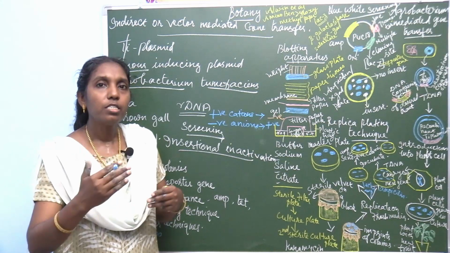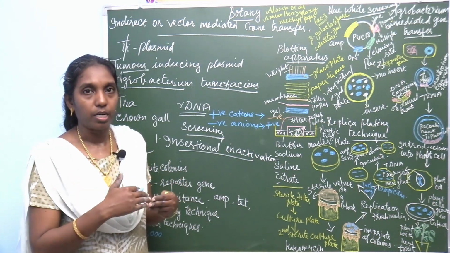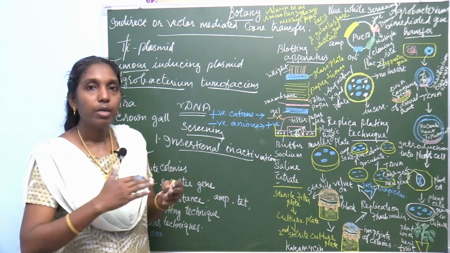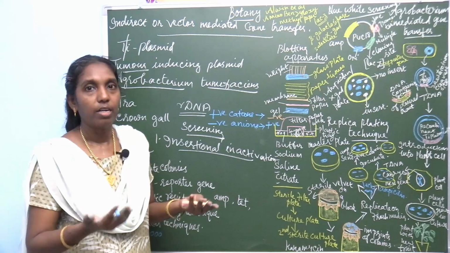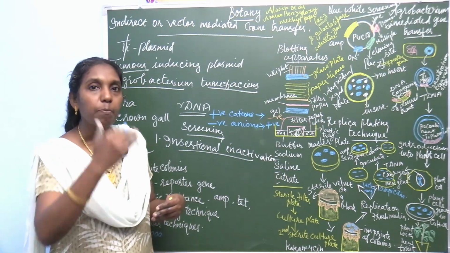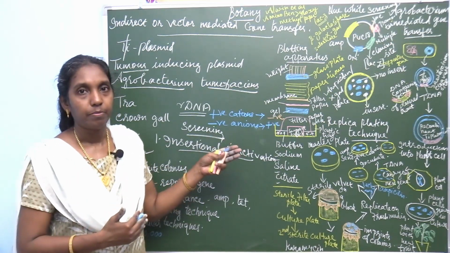This DNA is a negatively charged particle, so this molecule can be moved under the electric field. When you apply this electric field, bands of DNA strands can be detected.